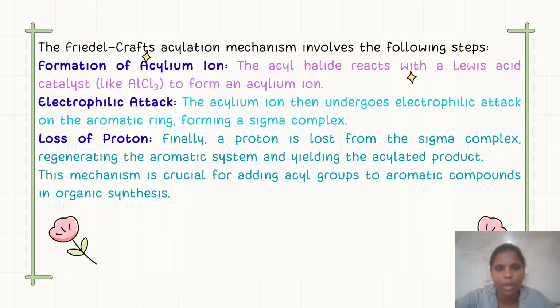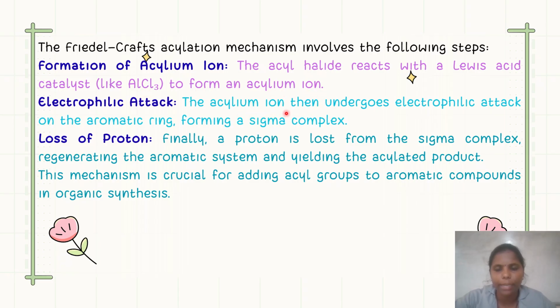This Friedel-Crafts acylation reaction generally involves a three-step process. First step is the formation of acylium ion, that is nothing but an electrophile. Second step is the attack of the electrophile, and third step is the loss of proton. In the first step, the acyl halide reacts with the Lewis acid, aluminum chloride, to form an acylium ion.